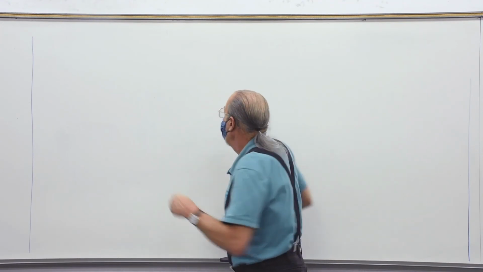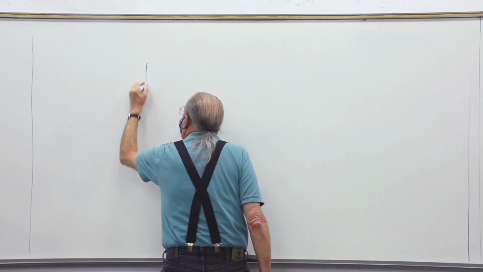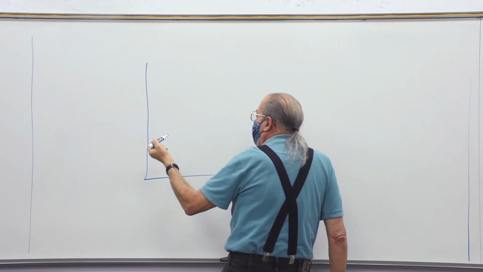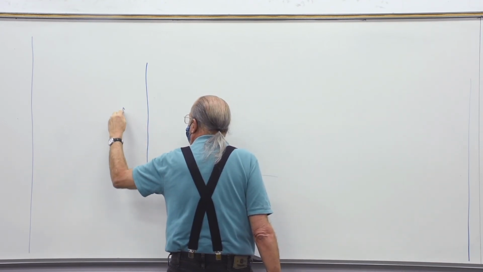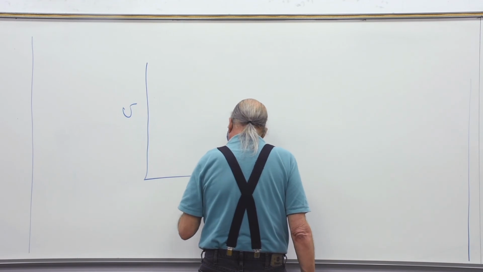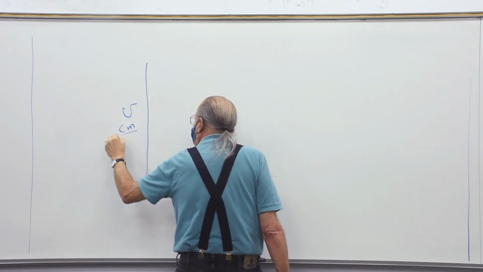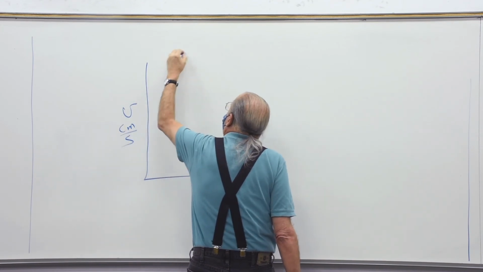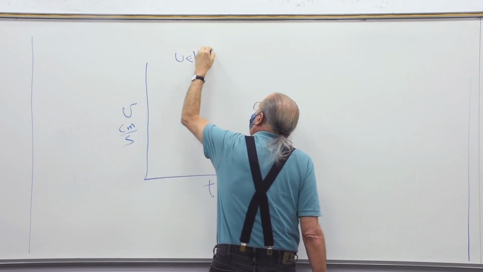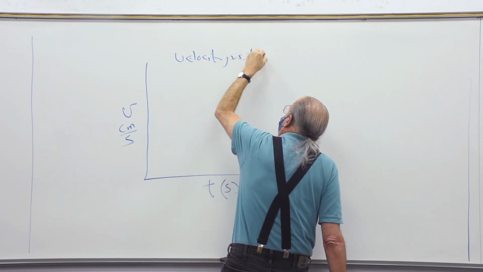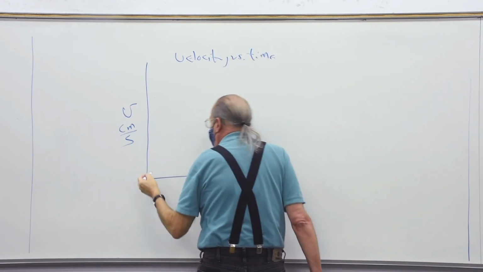And that is when you are drawing your best fit line, for instance, if you have V here and T here, seconds, say centimeters per second, and every graph should have a title and units and coordinates and so forth.